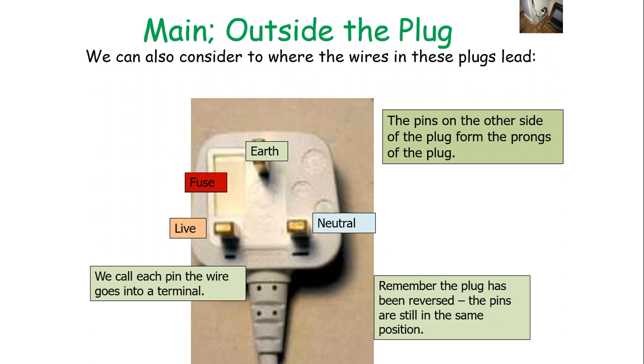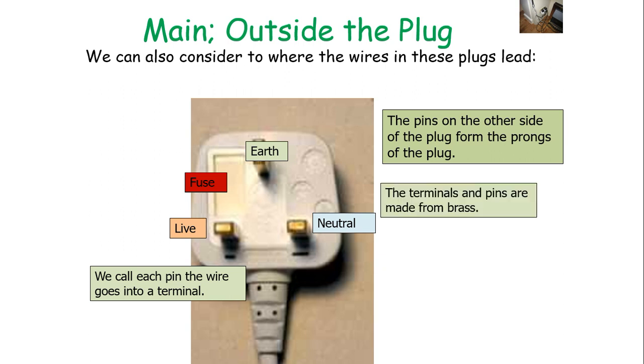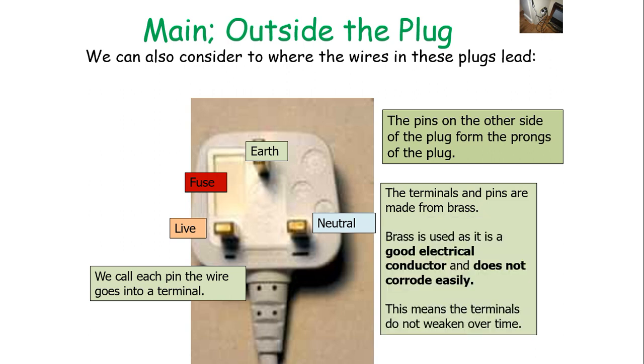It's just because we've turned the plug over. Now, the terminals and pins are made from brass. Brass is used because it's a good electrical conductor, but also, very importantly, it doesn't corrode easily. So the pins and the terminals don't weaken over time, so your plug doesn't disintegrate after a couple of years of use.